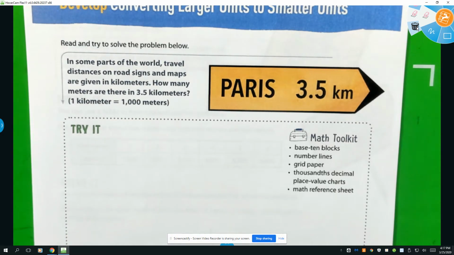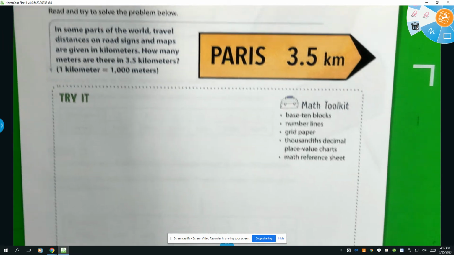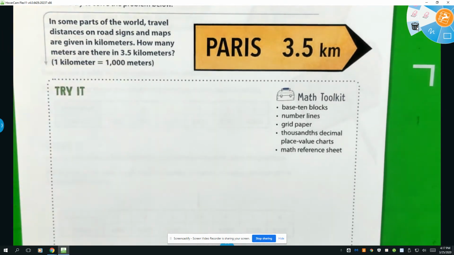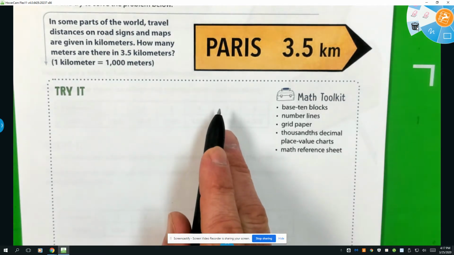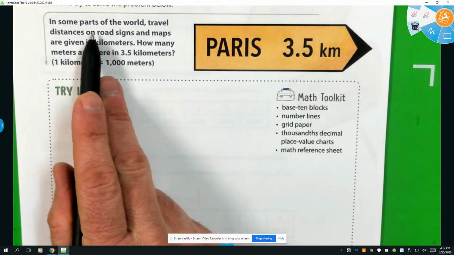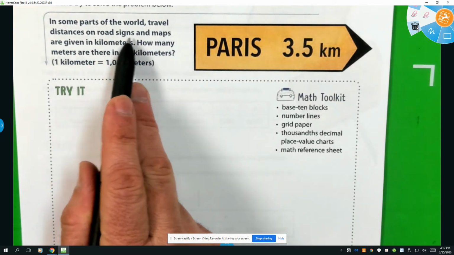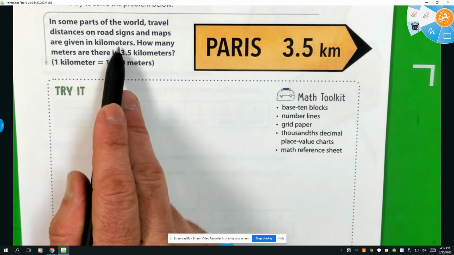Now, immediately, that is reading 1. Let's do our 2 more reads, just so first of all we can find information, then we can move right along so we can understand the problem as well. So, in some parts of the world, travel distances on road signs and maps are given in kilometers.